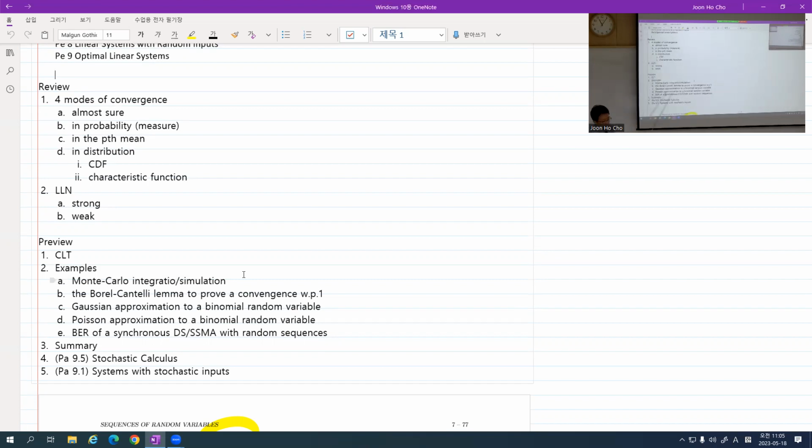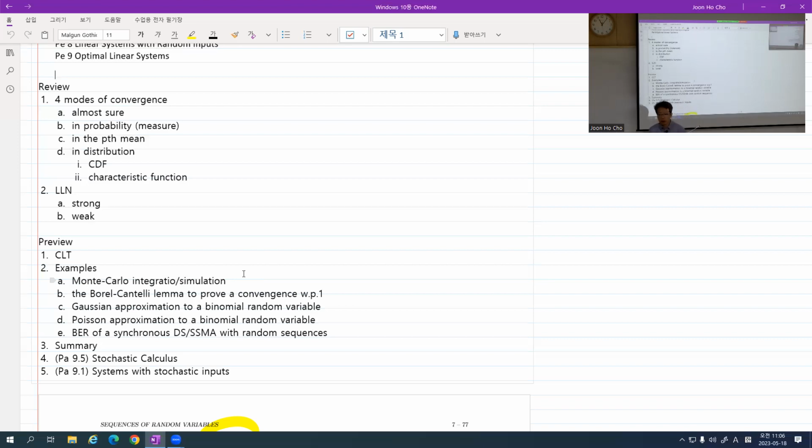And unlike the convergence of a sequence of functions, we have one more, that is the convergence of a sequence of random variables in distribution. And all these 4 definitions involve the probability measure P. That's the major difference from the convergence of a sequence of functions. And as you remember, for the convergence of a sequence of functions, we first had what?